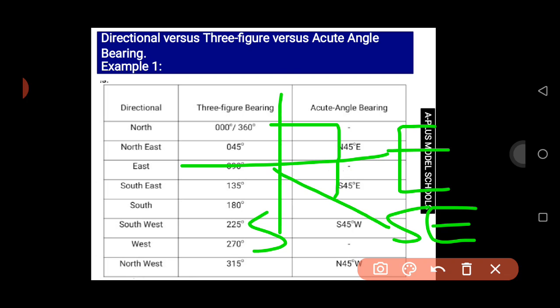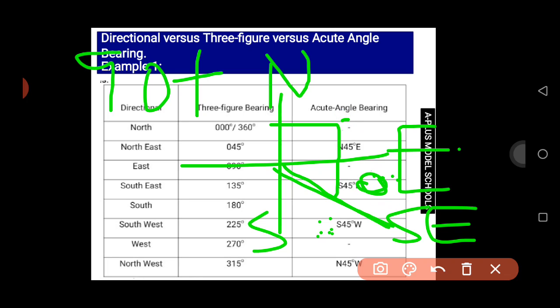From north to east, that is 90 degrees. So I have 90 degrees plus the angle here, which is 45. This angle too is 45, since they are dividing this into 2, each of the parts will be 45 degrees. So add 45 degrees to the 90, that will give you 135 degrees. So the 3-figure bearing is 135, that is from the north to where the given point is.